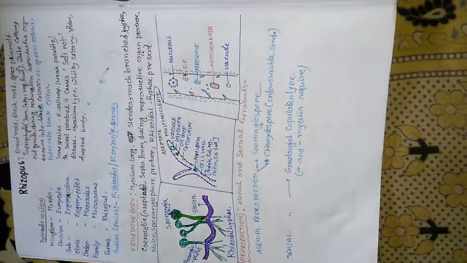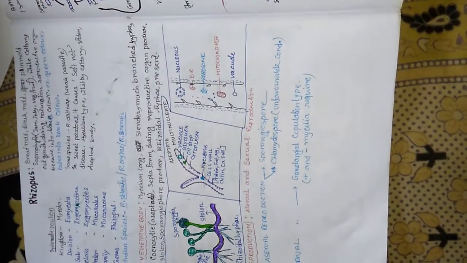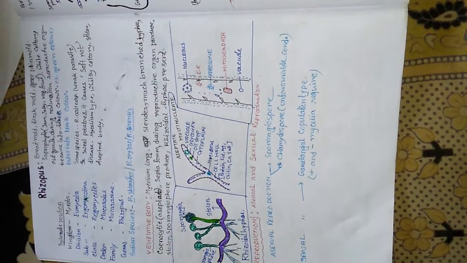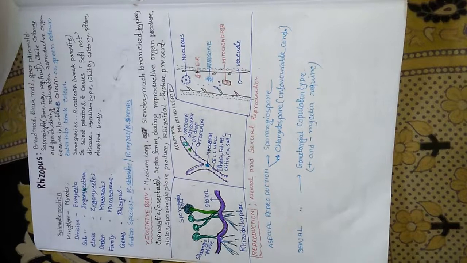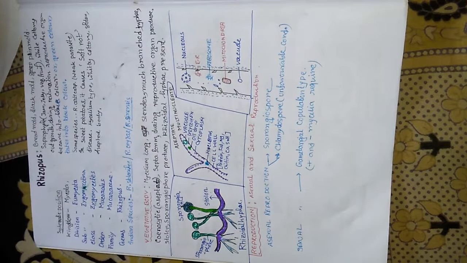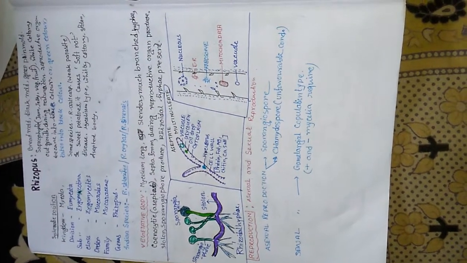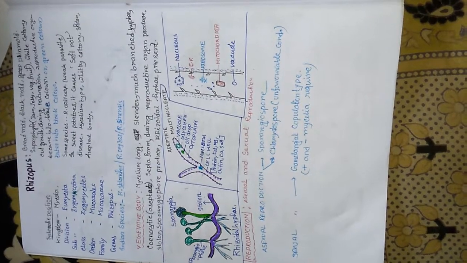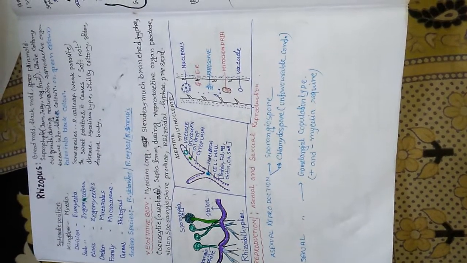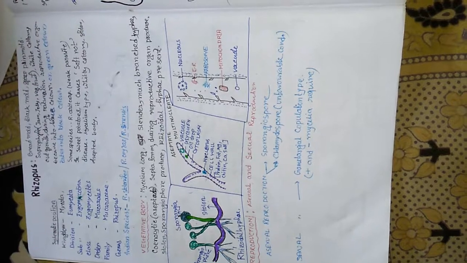Vegetative body: the mycelium is long, slender, much branched hyphae. It is coenocytic, that is, the whole body is aseptate. Finally, septa form when the reproductive organs are produced.